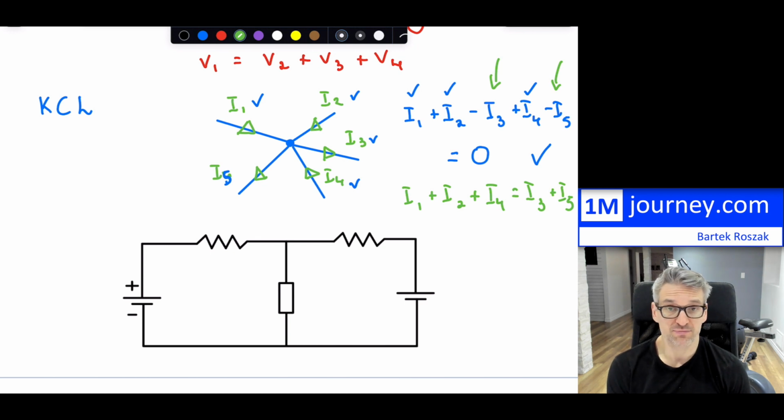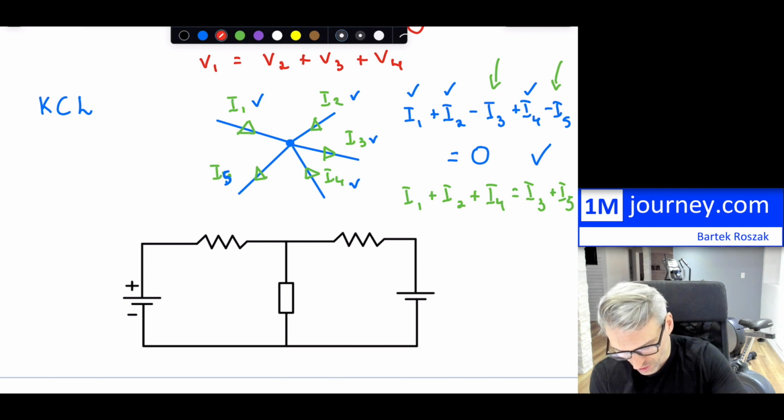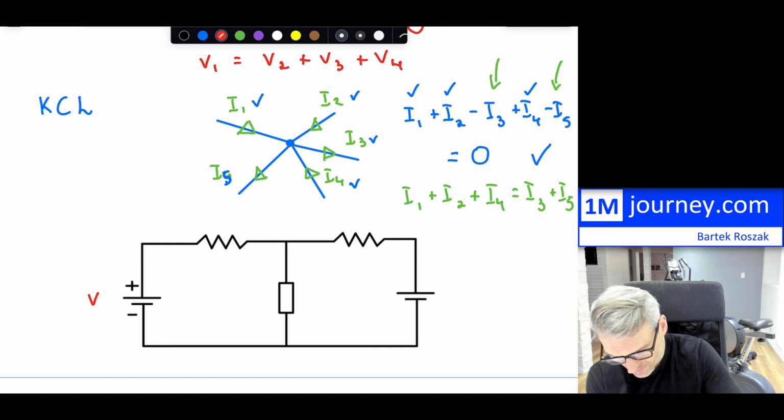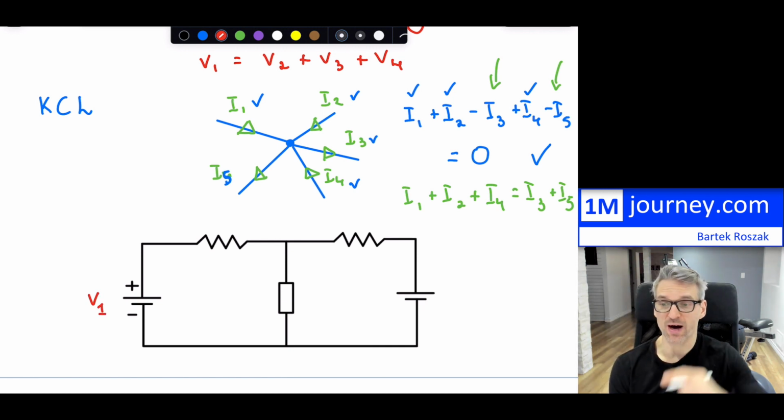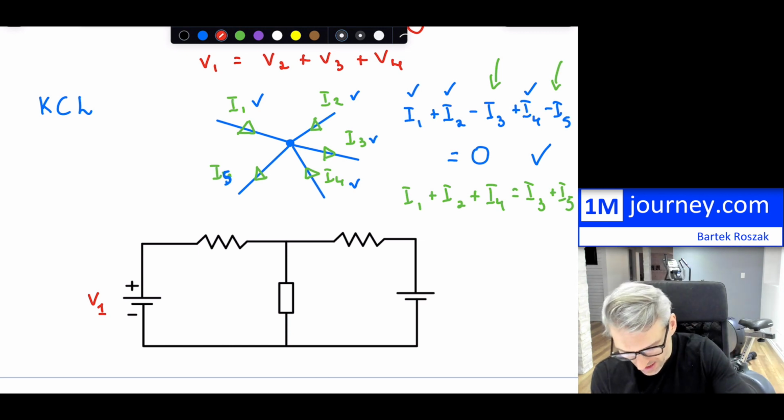So let's stick to voltage laws, and I'm going to label all of these out. Let's call this V1, and this is the drop from positive to negative. So again, you would have to label these out, positive or negative.